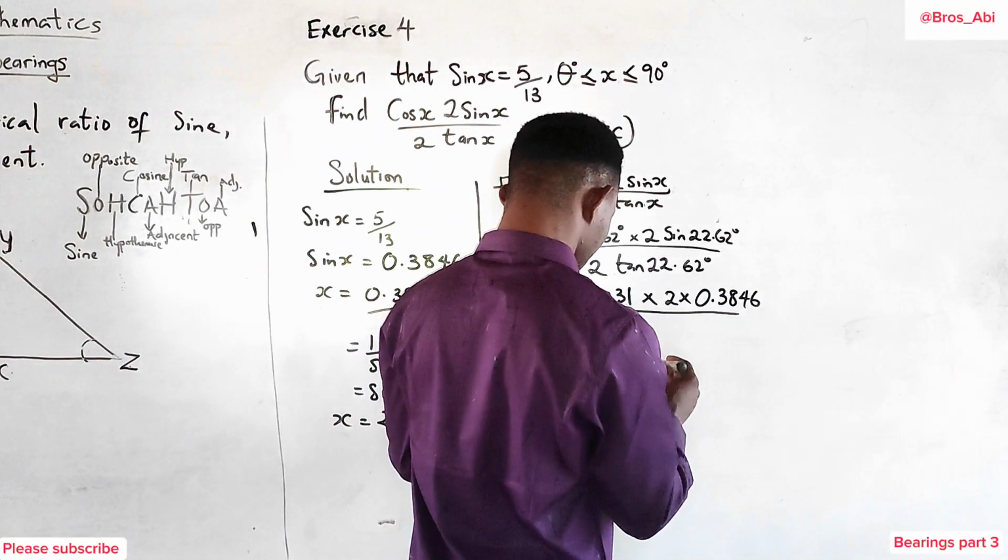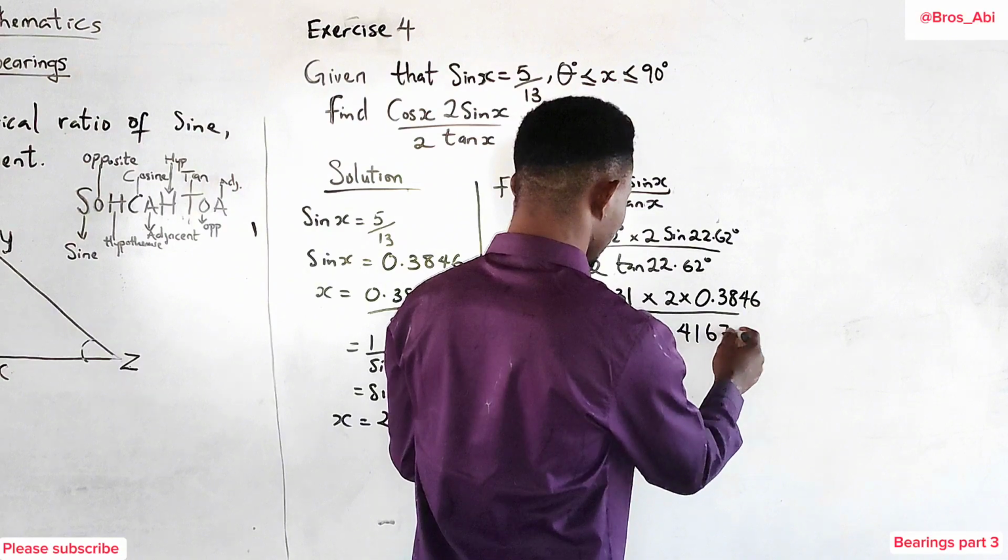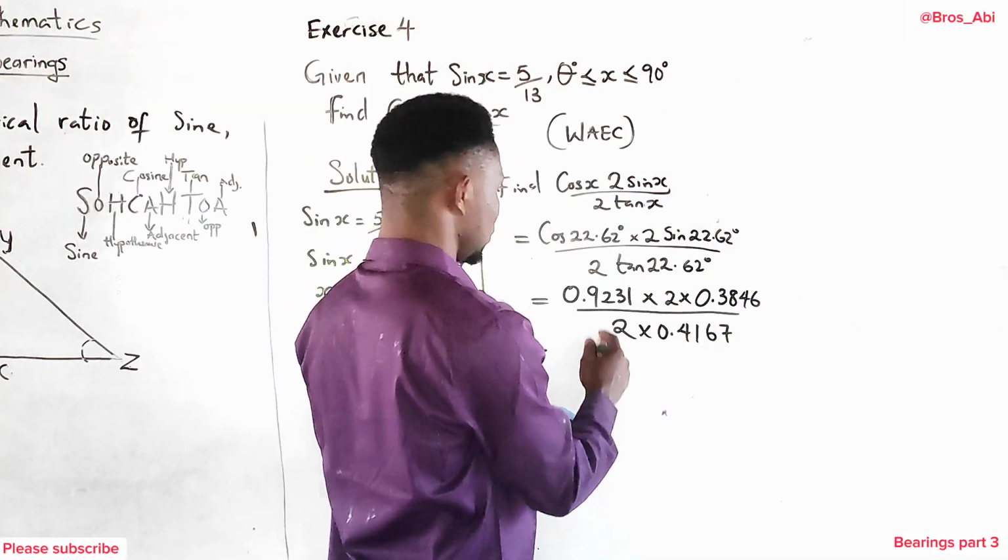So that's times 0.4167. Now we multiply all this.